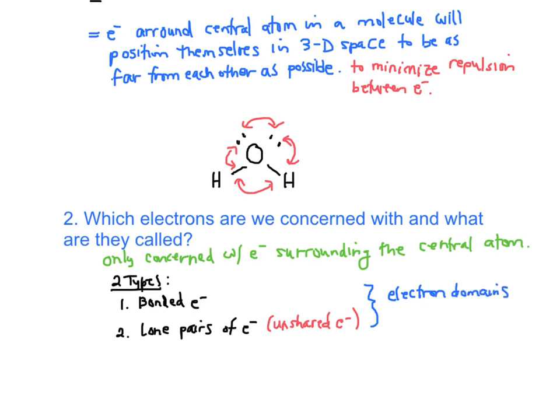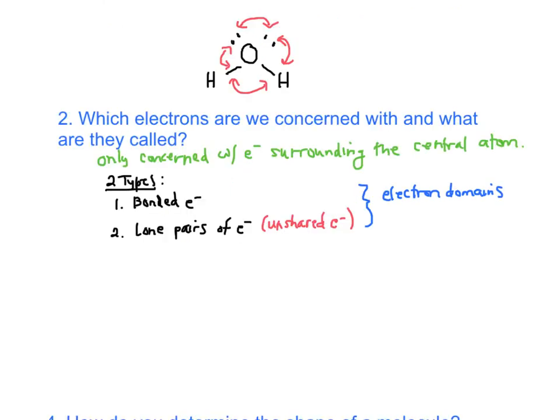So as an example, we'll use the water molecule above. So we're going to talk about that water molecule. We'll first talk about the number of bonded pairs. So there are 2 bonds, or bonded electrons, or pairs of bonded electrons.